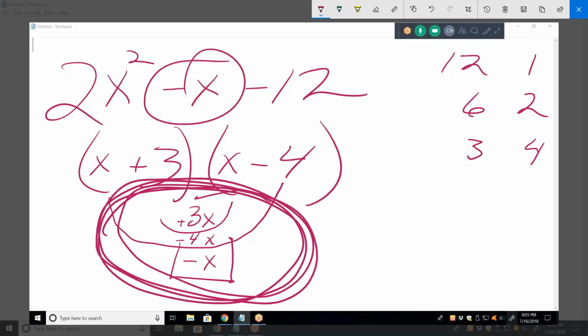I call this the double smiley face method, because I got a smiley face and another smiley face. Okay? But when you're doing these first level quadratics, that's just a checking mechanism. But when you're doing anything higher, that's part of the process of figuring out the answer. All right.